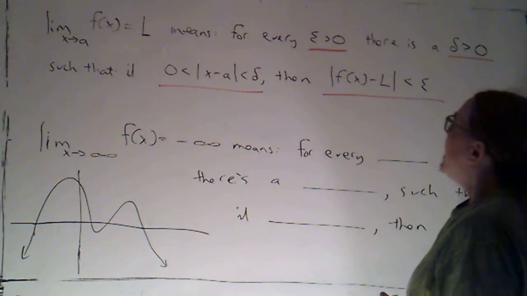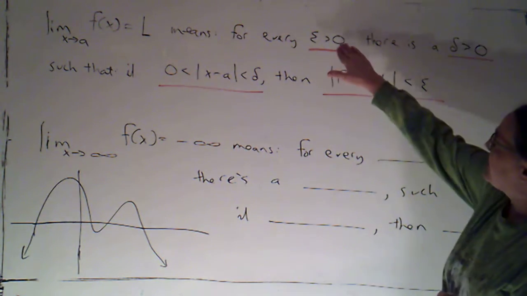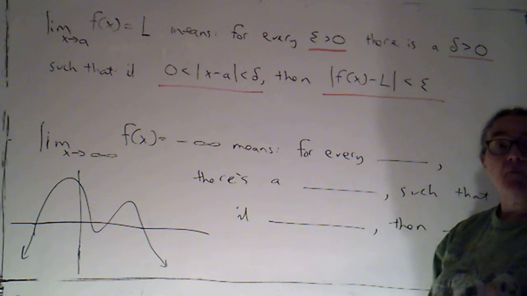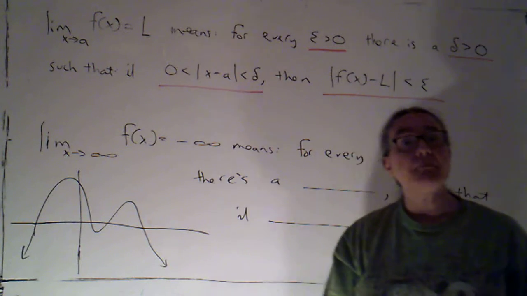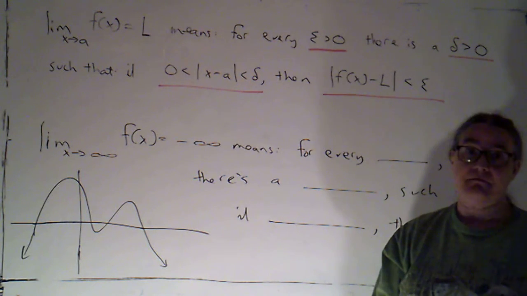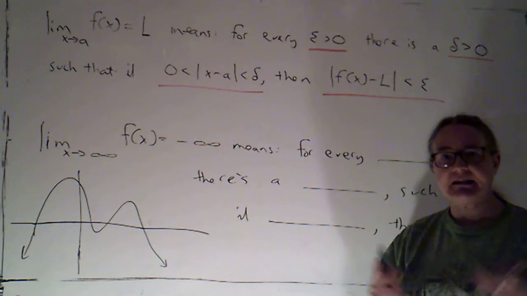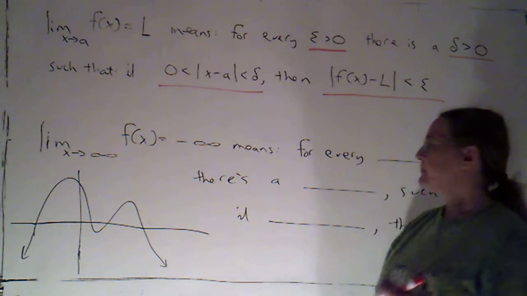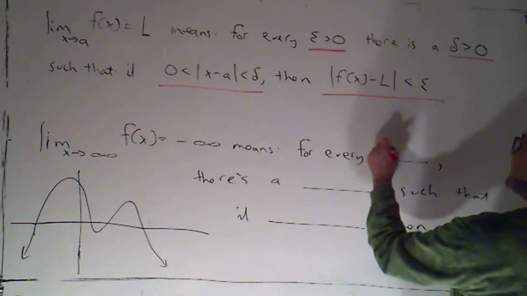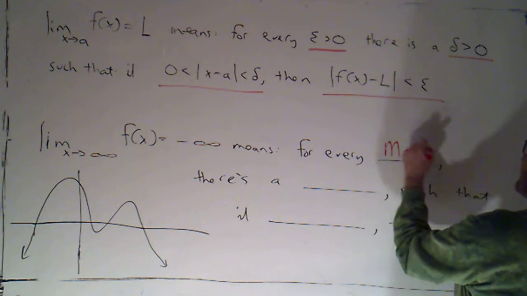Okay. But it's still going to be the case that I'm going to start and end by talking about my y values. And what I'm claiming about my y values is that they get big and negative. So I'm going to need to introduce a standard of bigness in the negative direction. So I'm going to say for every m less than 0.